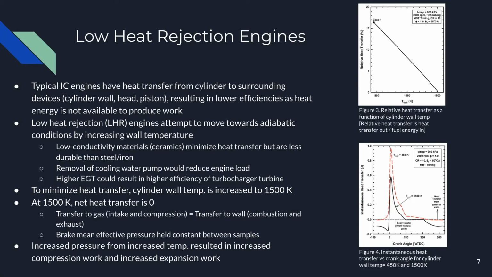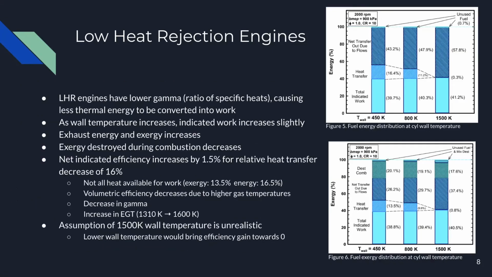So the results in net efficiency are more seen in the thermal efficiency rather than the compression and expansion. Low heat rejection engines typically have a lower gamma, which would result in less thermal energy converted into work. We'll discuss that a little bit further in the presentation.